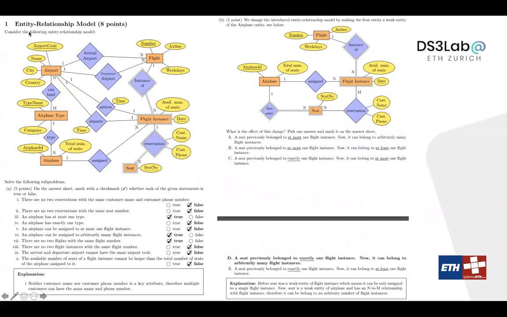You discussed with us the first question, and I was wondering about the second one, where the seat number is a key. Why isn't it unique? No two reservations have the same seat number.